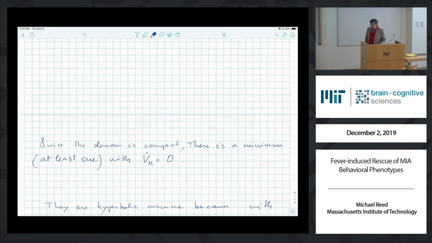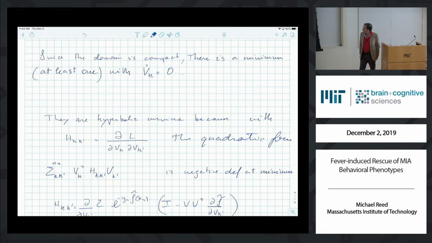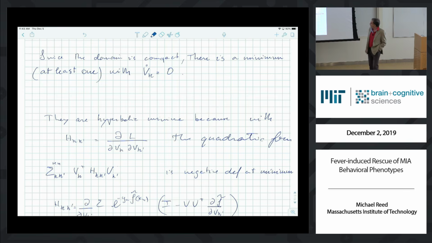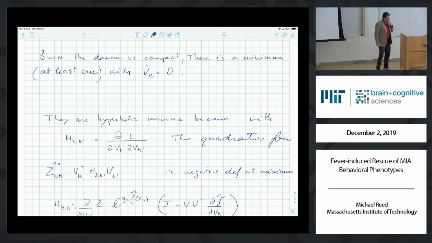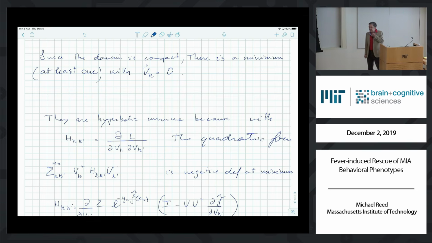First of all, we are in a compact domain because V_k is on the sphere, and so I know there is at least one minimum and maximum, of course, with V dot_k equals 0.